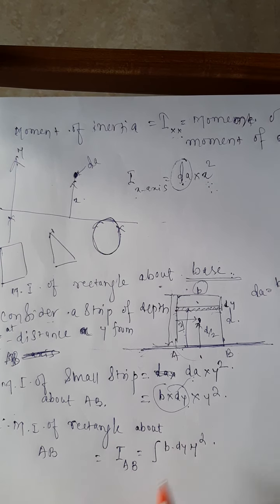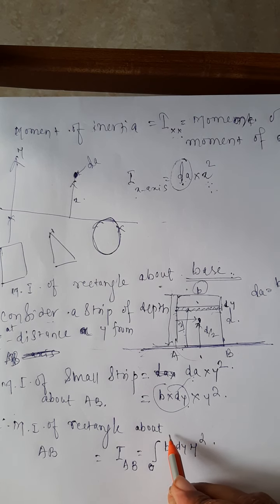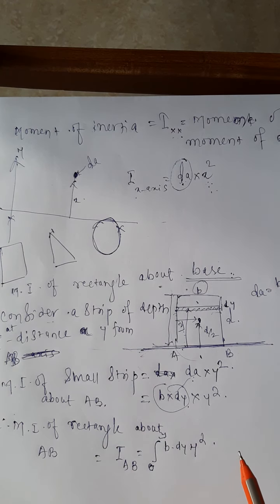Yes, what is the value of b? What are the limits of the integral? y is equal to 0 to y is equal to d. Yes, integration of this is equal to b into y cube divided by 3.